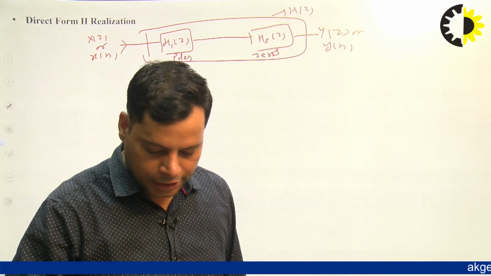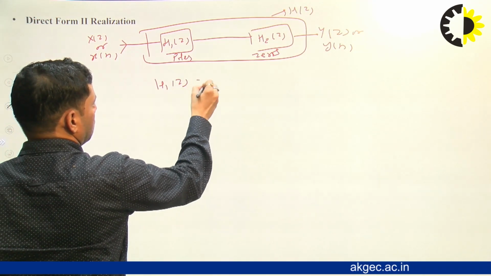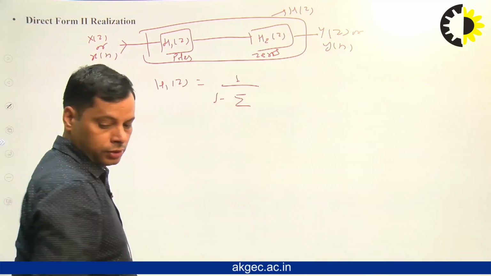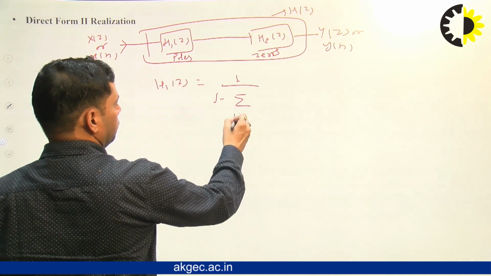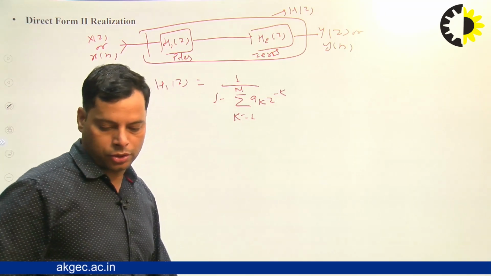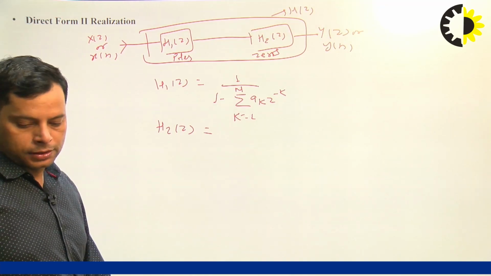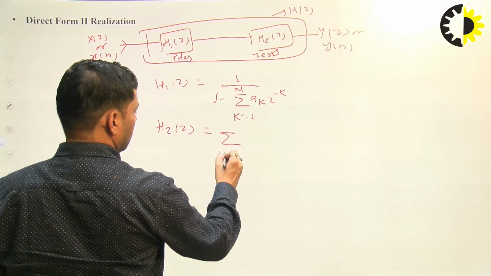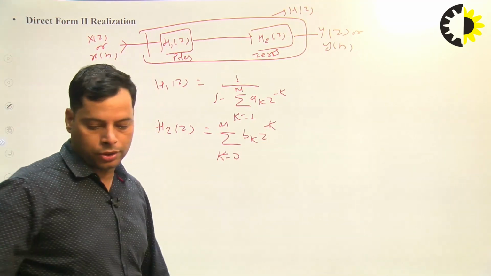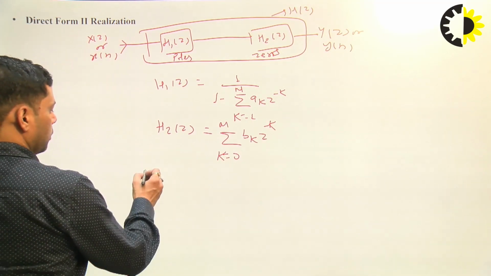So, in this category, H1(z) corresponds to 1 upon 1 minus summation of k equals 1 to N a_k z raised to power of minus k, and H2(z) is equal to summation of k equals 0 to M b_k z raised to power of minus k. So, now we can realize the system here.